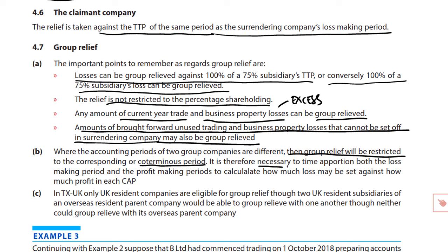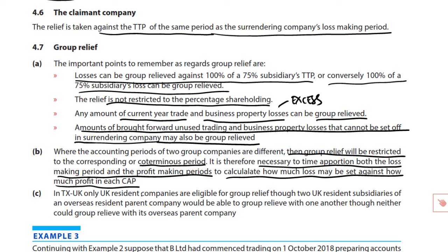So it's necessary to time apportion both the loss-making period and the profit-making period to see how much of the loss-making period matches with which profit-making period or periods, given that they prepare accounts to different dates. We need to calculate how much loss may be set against how much profit in each chargeable accounting period. In this syllabus at this level, more awaits you in advanced taxation.